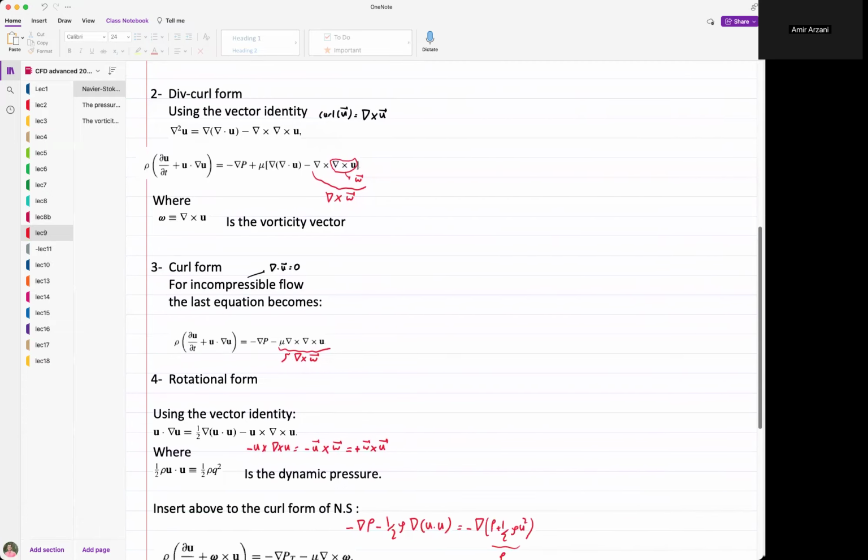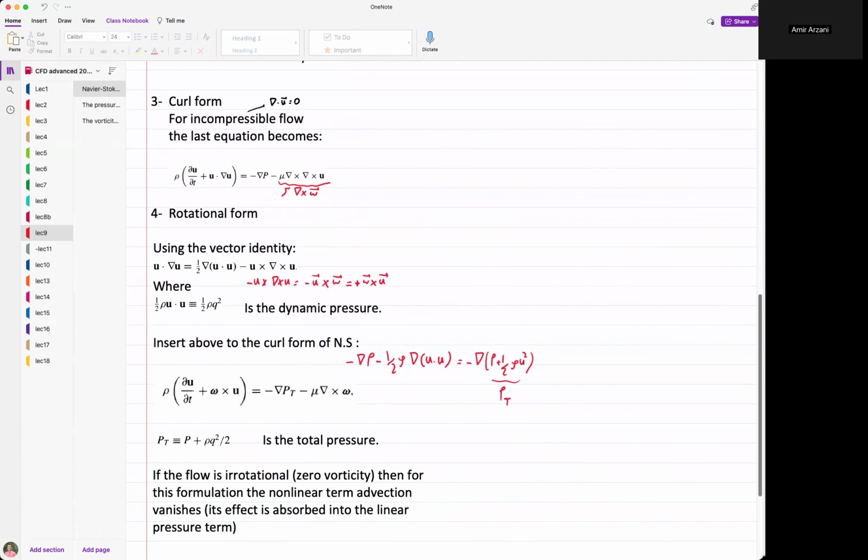Now, another form we can write the Navier-Stokes equation in is the so-called rotational form, where we use a vector identity to change the nonlinear convective term, u dot grad u, where we get these terms appearing. One of them looks like a dynamic pressure.